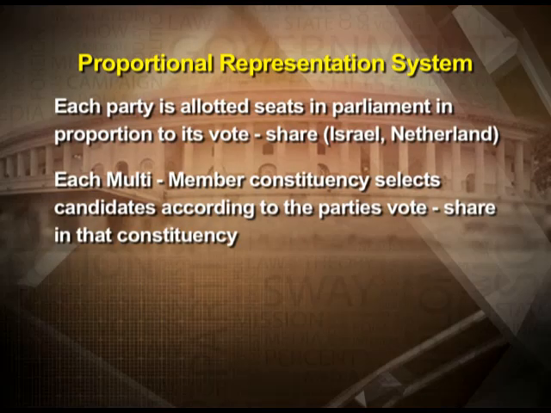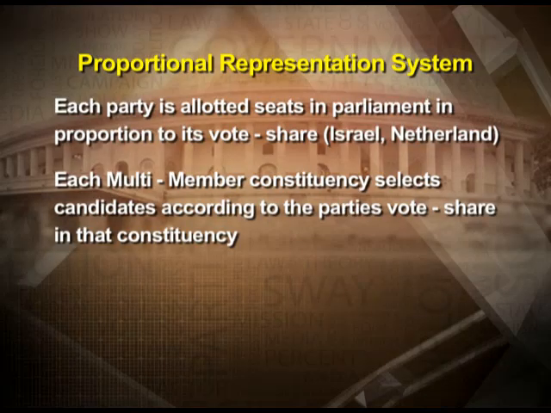Not only that, the constituencies are not single member constituencies, unlike in India. These constituencies are multi-member constituencies, and the candidates who are elected from those constituencies are elected according to their party's vote share from that constituency.